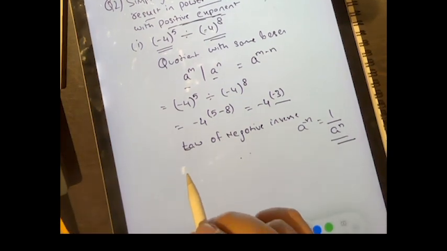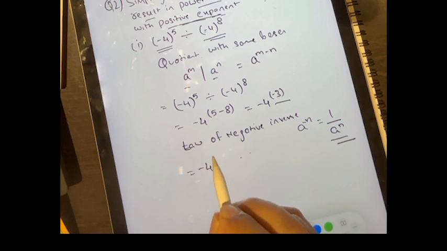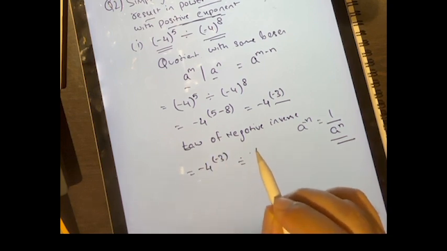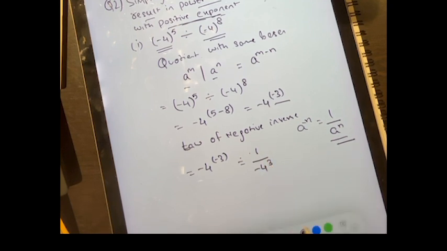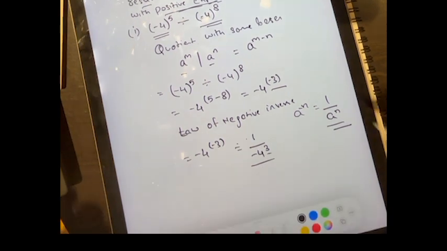So in this case, we will convert minus 4 raised to the power of minus 3. This will become 1 by minus 4 raised to the power of positive 3, and that will be your answer. I hope it is clear.